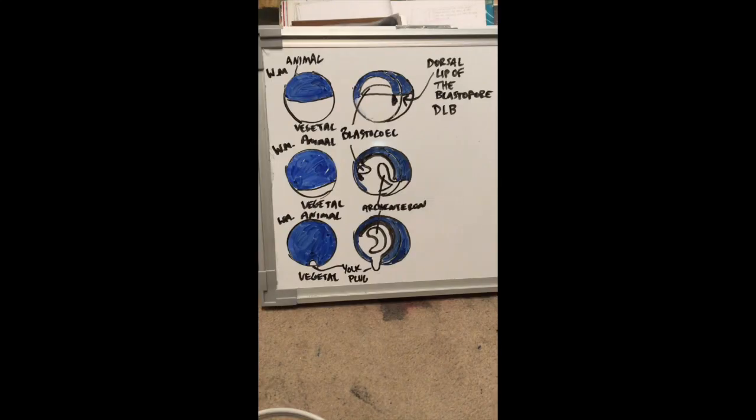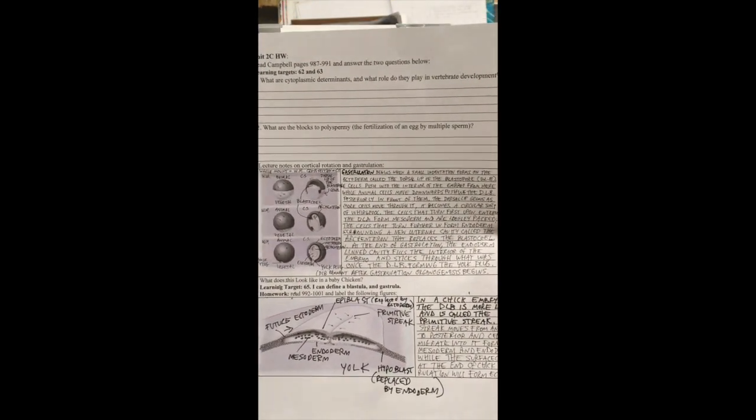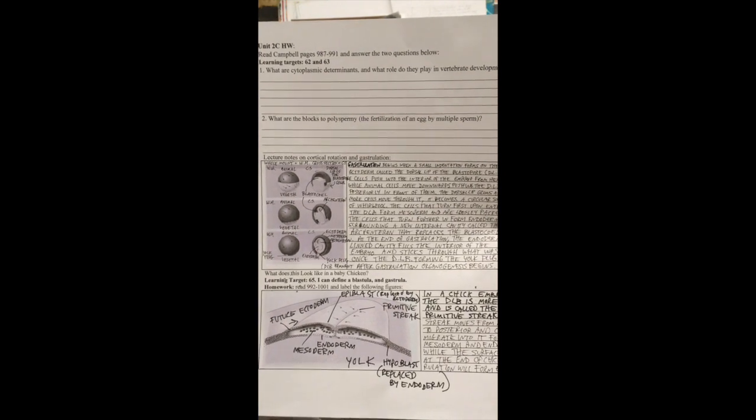All right, class, so now let's talk about gastrulation in more detail, and cortical rotation, which is the animal cells moving down to cover the vegetal cells during development, or at least that's the last part of that. So I suggest the way that you do this section is you first take these notes, okay? And this is on page 110.